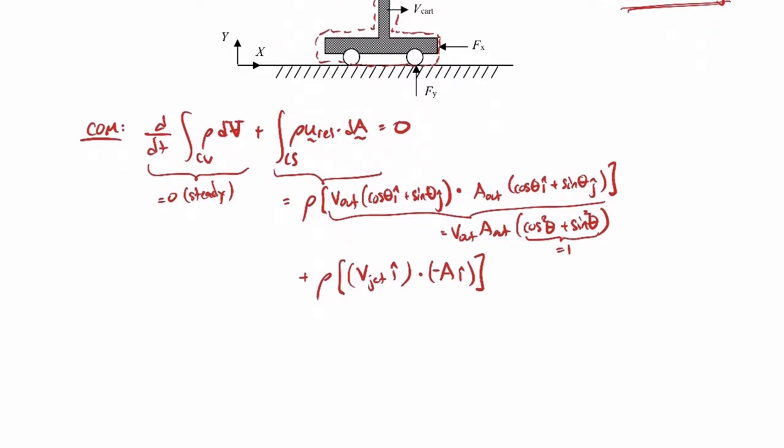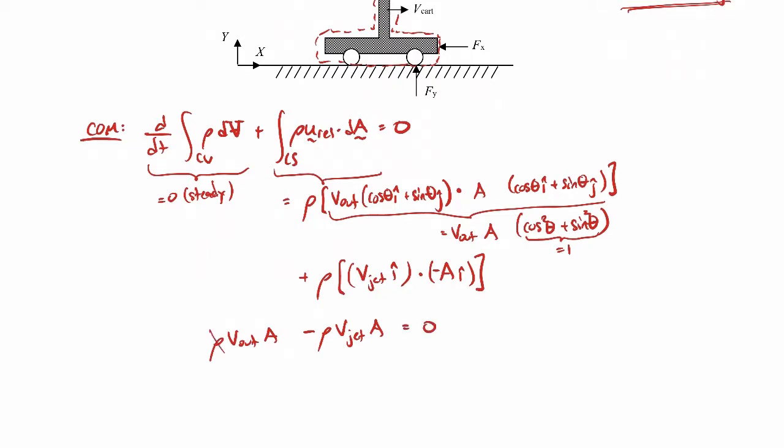So when we simplify this down, we'll have rho V out, A out, minus rho V jet A. Sorry, this should not be A out. It should just be A. I think I mentioned that before. So let me fix that here. There we are. That sums together to equal 0.